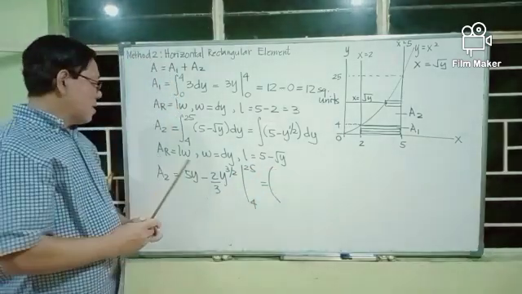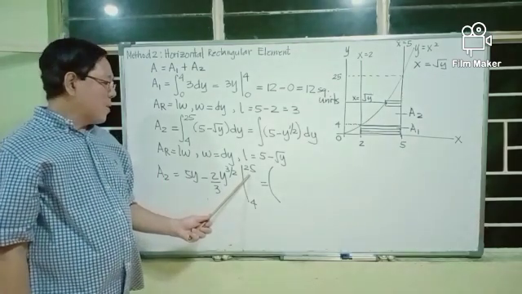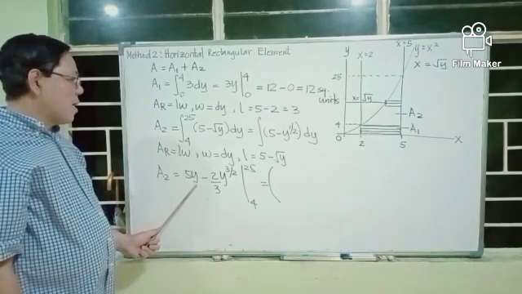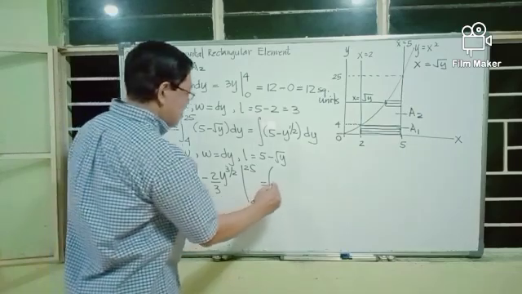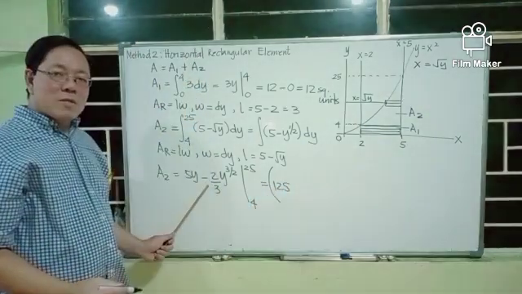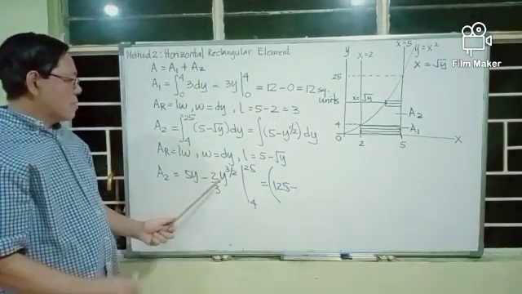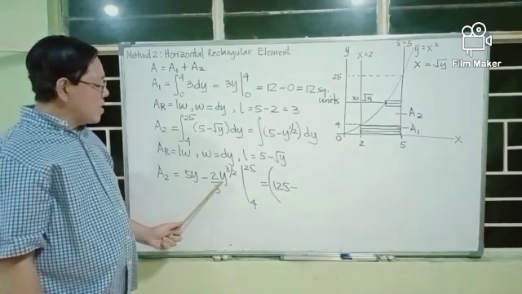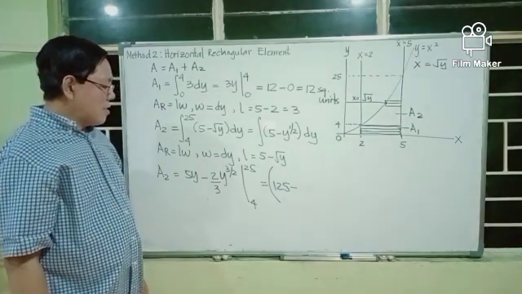First, we evaluate this expression for y equals 25. When y is 25, you get 5 times 25, that's 125, minus 25 to the power 3 halves.